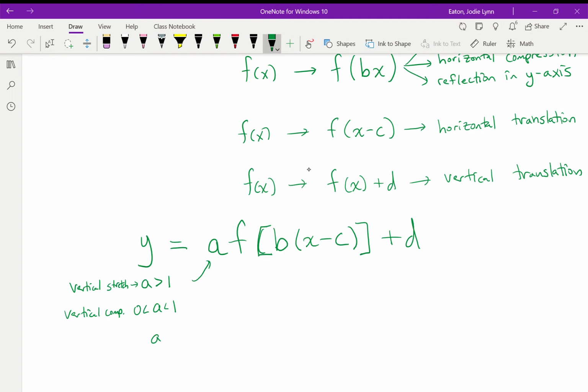If a is between -1 and 0, then we have a vertical compression plus a reflection.